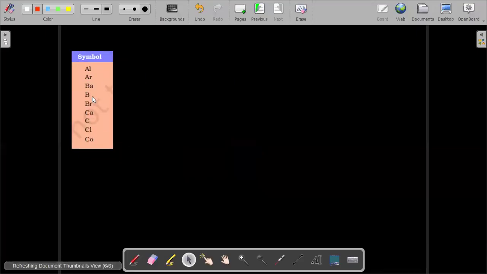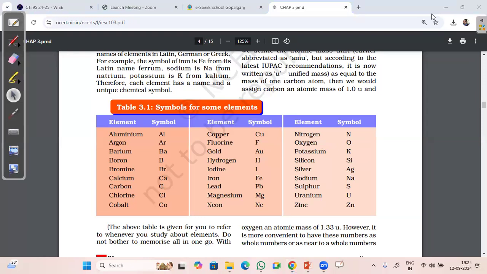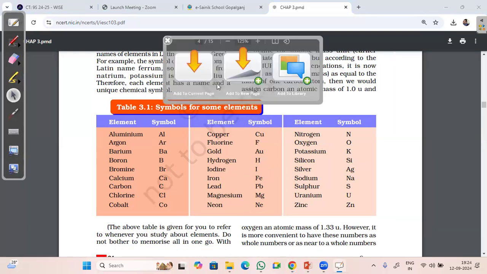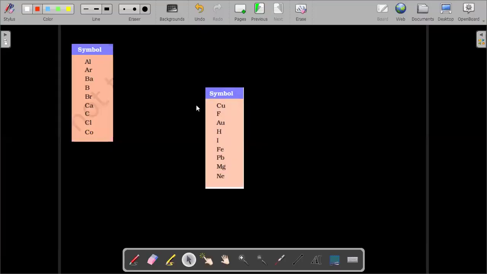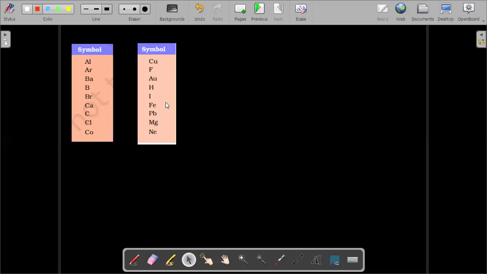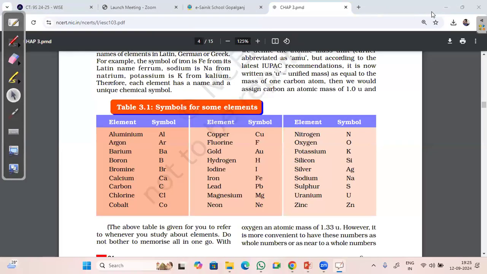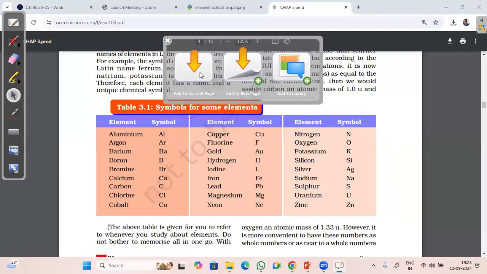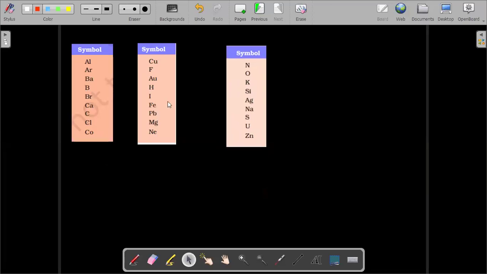This will make you remember all the symbols. Sir, is there any trick to remember them without forgetting? No, you don't need any tricks. You just need a little bit of practice. I will make you remember all of them here only.